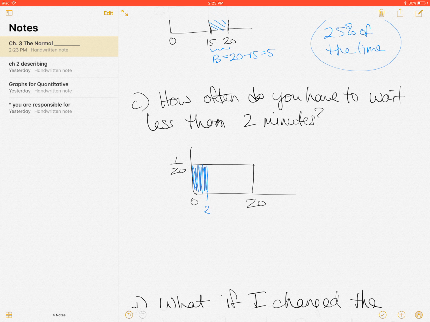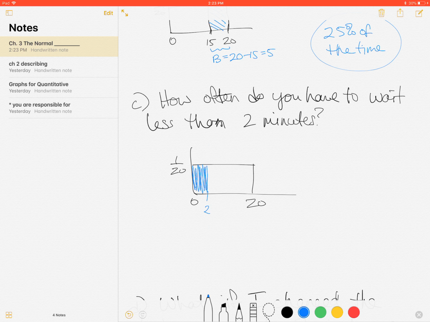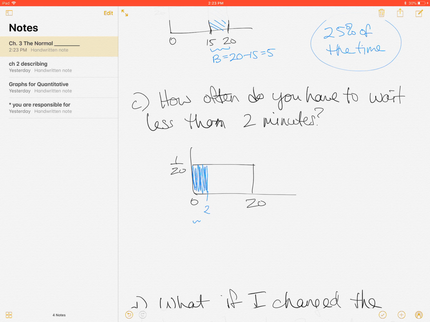We're using the picture to help us find the math. So our base is 2. And so our area is 2 times 1/20, which is 2/20 or 1/10 or 10% of the time.